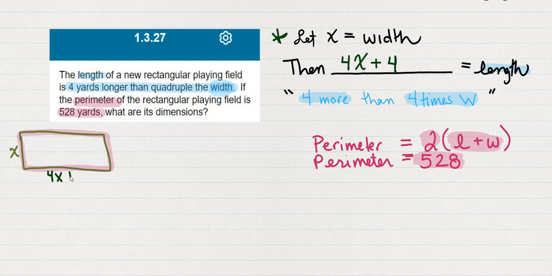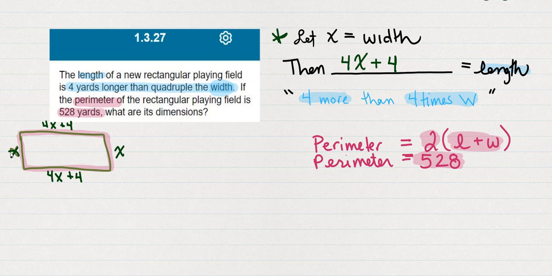Now I'm all set, ready to go with my figure. I could write this in so that I see it visually. Some students might find it easier to write 4x plus 4 on both lengths and x on both widths, and see that the perimeter is 4x plus 4 plus x plus 4x plus 4 plus x.